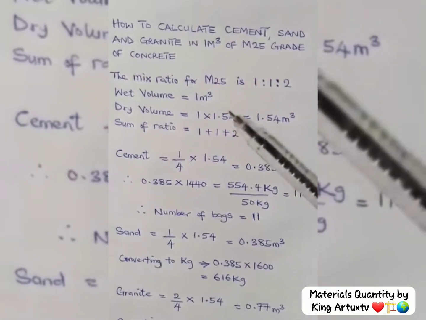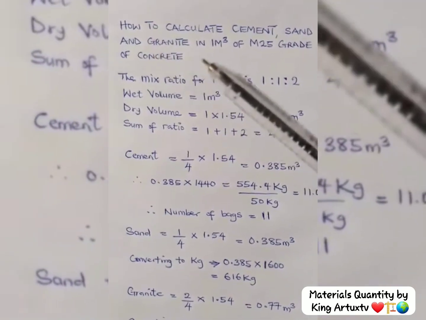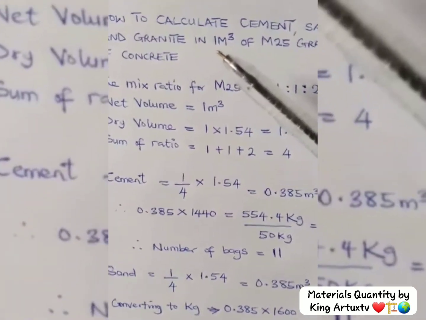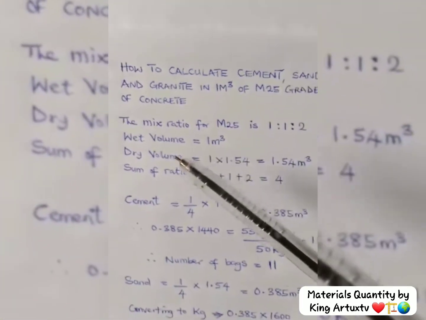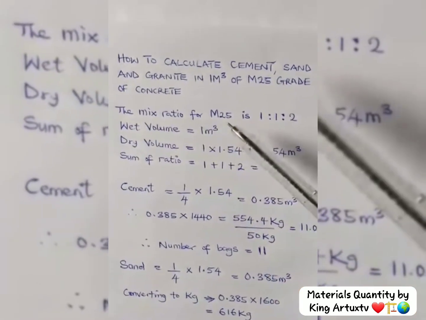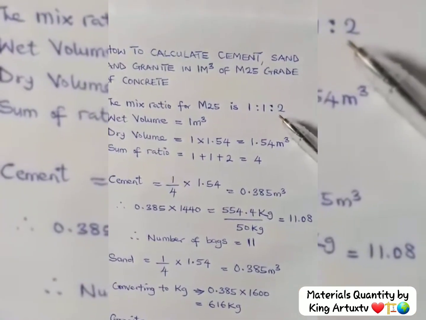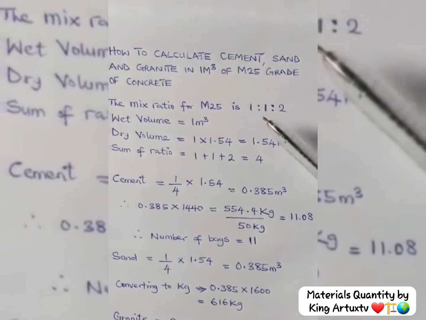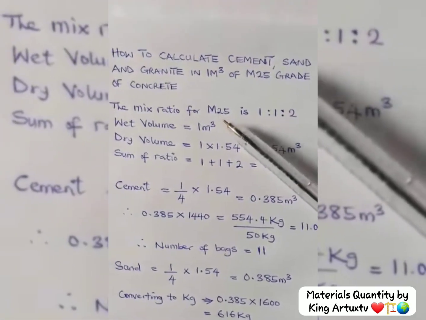So for you to calculate the individual constituent of concrete based on 1 cubic meter, first and foremost, you must get the mix ratio. The mix ratio for M25 is 1:1:2.